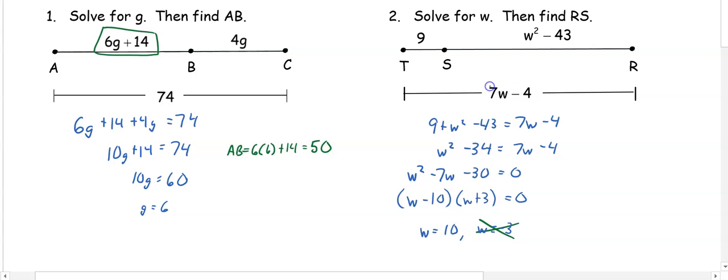So if I ask what is W, it's only going to equal 10, because negative 3 doesn't work in this situation. Then we also need to find RS. Now that we know W can only equal 10, RS is going to be 10 squared minus 43. So we get 100 minus 43, which gets us 57.